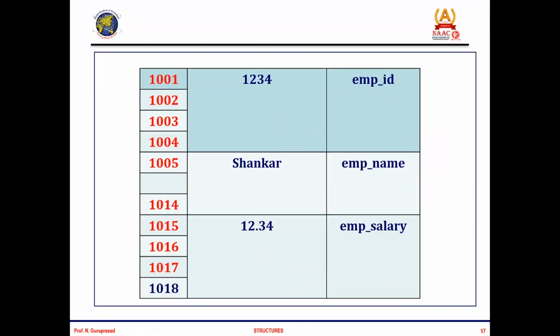So that is what we have seen: the importance of structure in the world of the C programming language. We have seen the different data types that are available in C. Then we have seen how to create a structure in C programming, with the help of a keyword called struct.